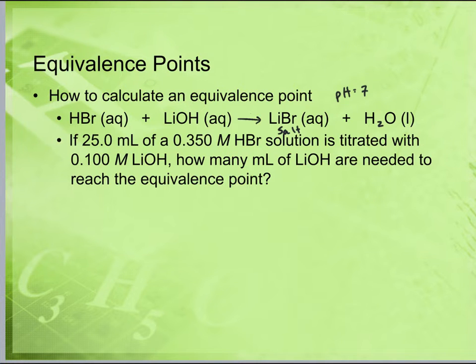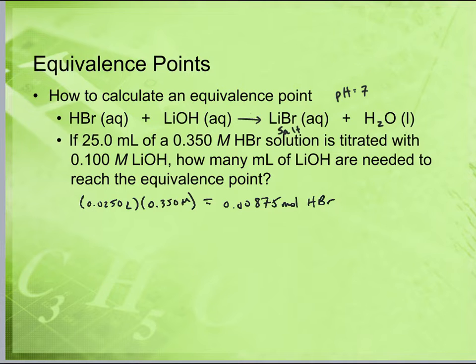Well, we would first need to know the number of moles of acid. So we would take the 0.0250 liters that they give us of HBr and multiply that times the 0.350 molar concentration given here. And that's going to give us 0.00875 moles of HBr. Then I want to figure out how many moles of LiOH is that equivalent to.